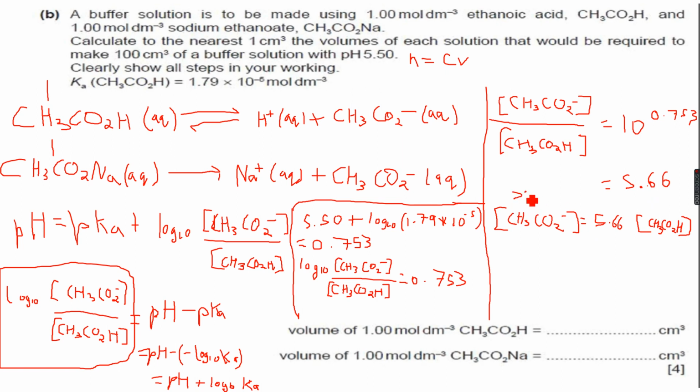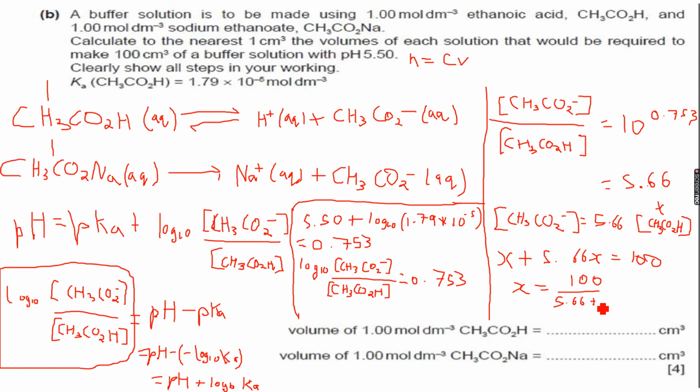If I take the volume of ethanoic acid as X, then the total volume is X plus 5.66X, because the volume of ethanoate ions is 5.66 times the volume of ethanoic acid. So 6.66X is equal to 100. So I can say that X is equal to 100 over 5.66 plus 1.